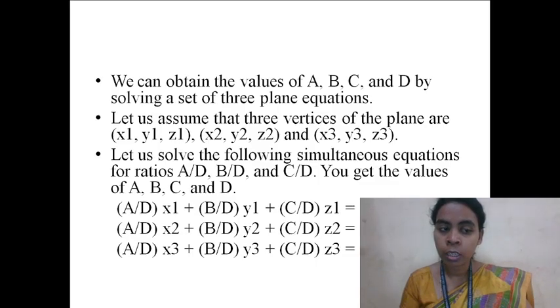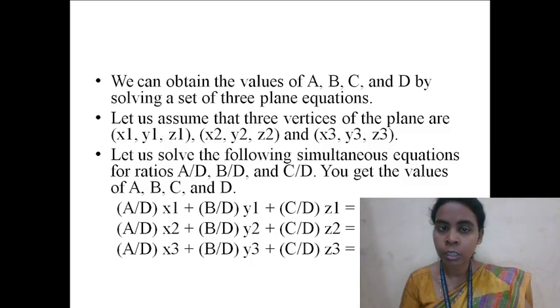A plane in 3D is defined by Ax + By + Cz + D = 0. A, B, C are components of the plane normal vector n = (A, B, C). D is the constant that determines the plane's position.